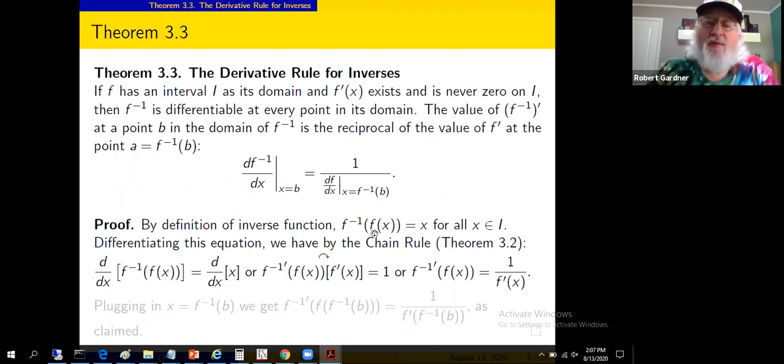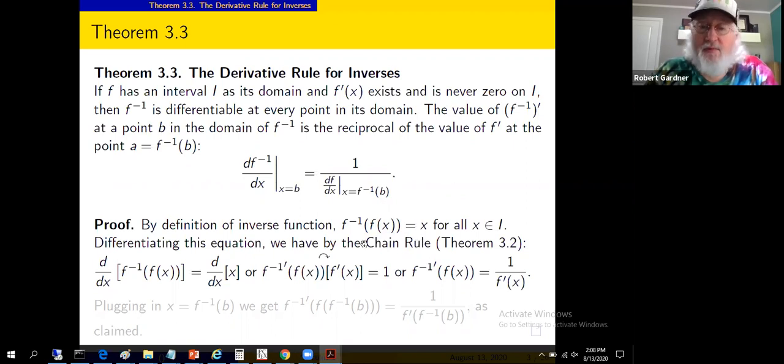We could also reverse the roles and say f of f inverse of x equals x as well. The composition of the functions equals the identity function, regardless of the order in which we take the composition. We're going to take it in this order for reasons that will become apparent in the next couple of lines. So we'll take this equation and differentiate both sides.